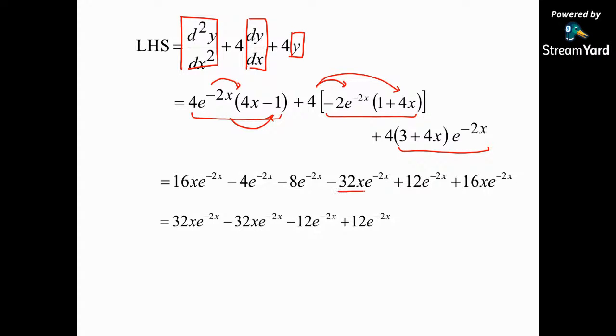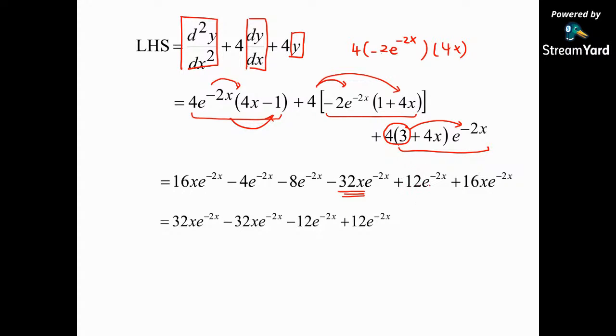Just in case you couldn't see y, we got 4 times negative 2e negative 2x times 4x. So this is 8 times 4, so that is how you end up with 32x e negative 2x. And then we got 4 times 3, and then times e to the power of negative 2x.